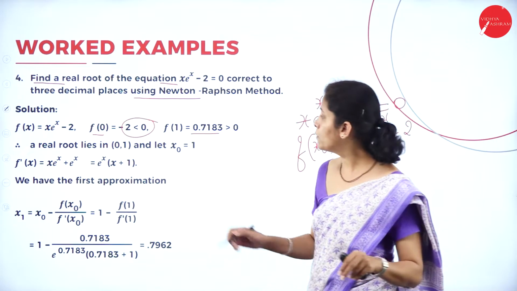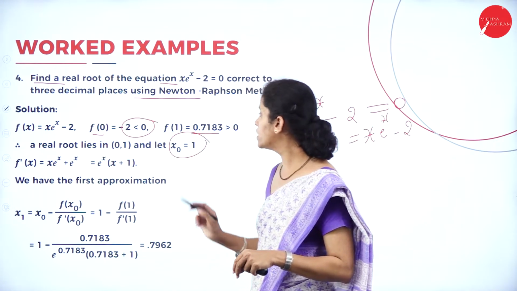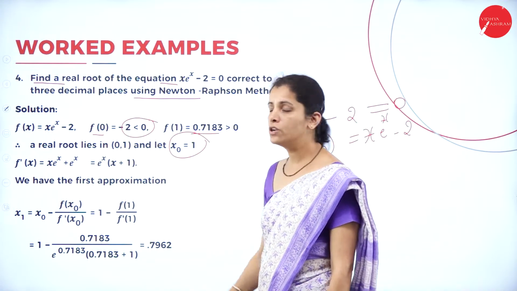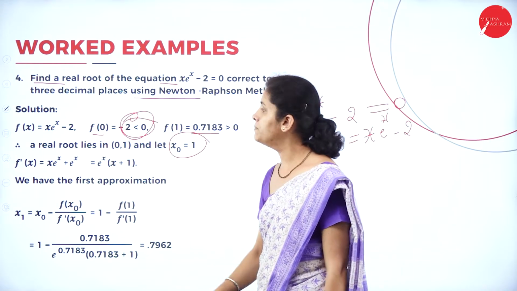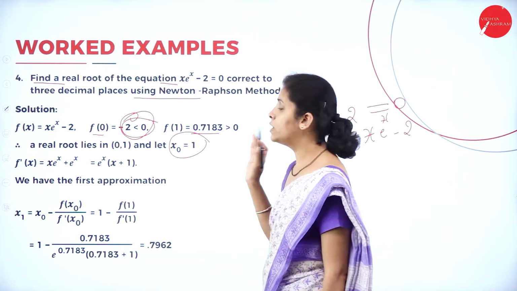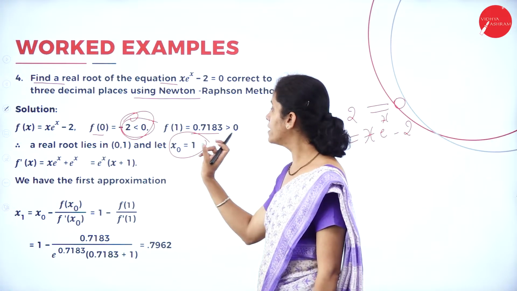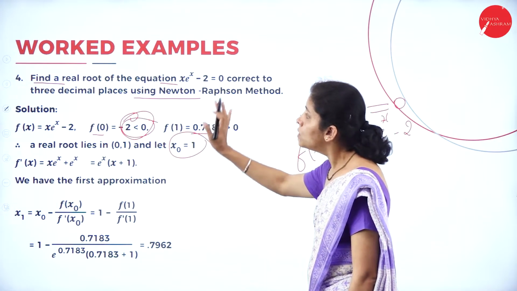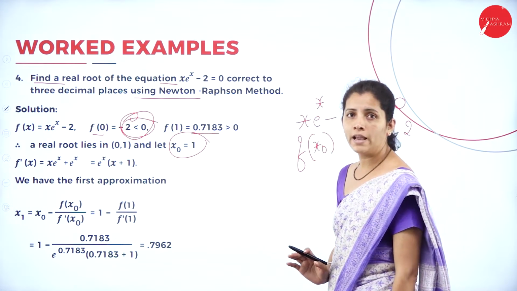But here I'm going to consider x naught equal to 1, because when I substituted x equal to 0, I got a negative answer, and when I substituted x equal to 1, I got a positive answer. So I'm going to consider x naught equal to 1. Now, what is my formula?